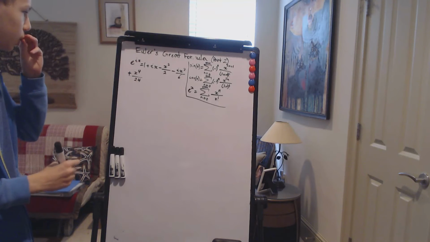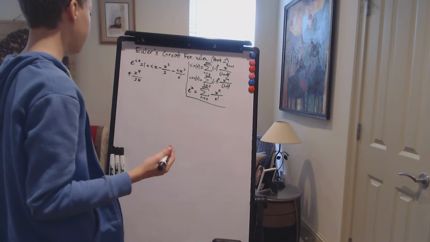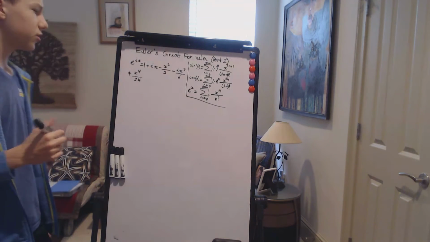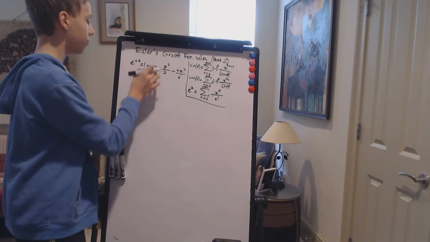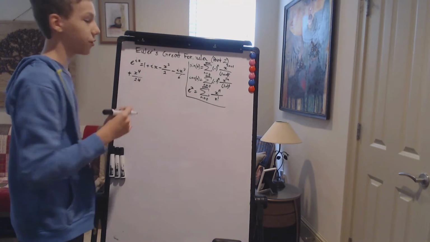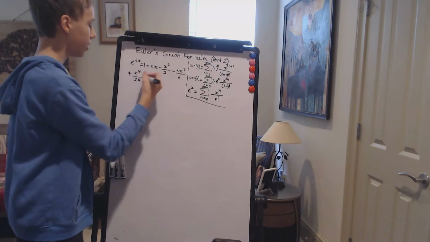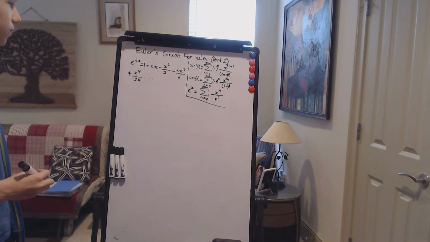Okay, and it should be pretty clear now that we'll get an alternating series, but not just any alternating series. It's kind of like a two-piece alternating series. It's plus plus here, minus minus here, plus plus here, and so on. So this goes on forever.